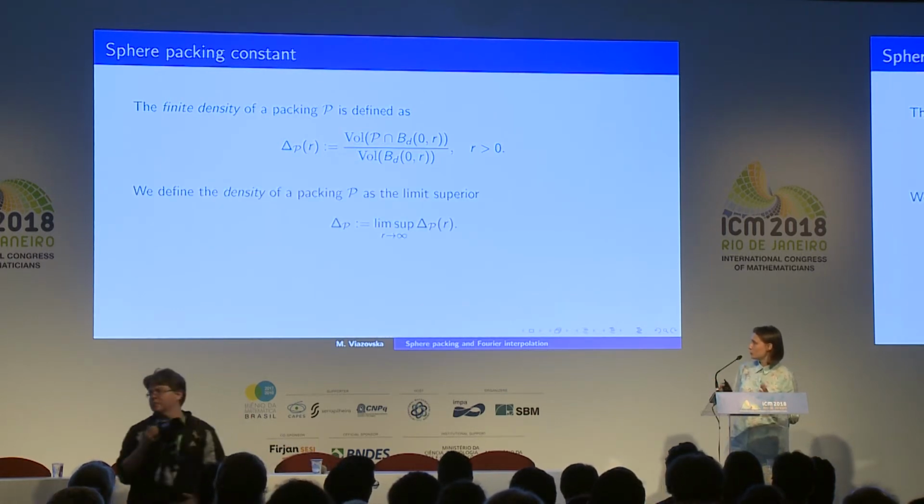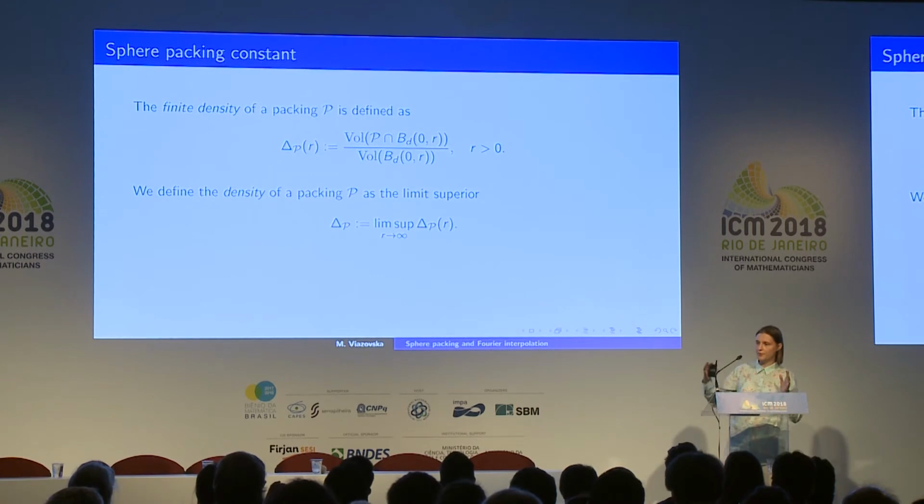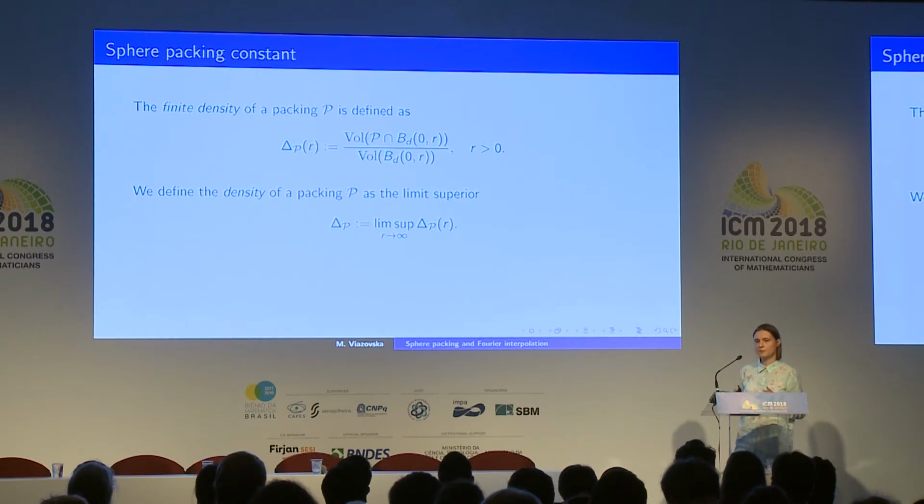Then we can make this ball bigger, bigger, and bigger. And if we are lucky, this finite density will converge to some number, which we will call the density in this case. Even though it will not always be the case, we can think of some pathological situations when such a limit does not exist, and we can compute only the limit superior.